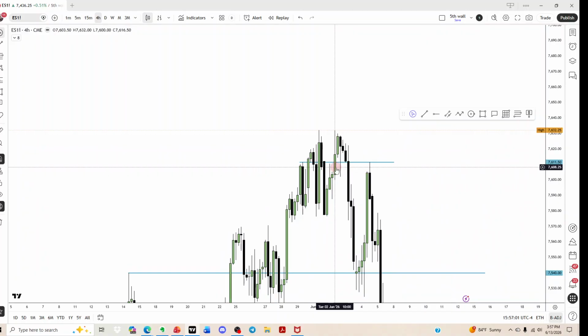Why is this even considered? It's considered because it was fake support here. Price pulled back up, violated with force. So we have a bull bar, fair value gap, bear bar with significant displacement, retracement.